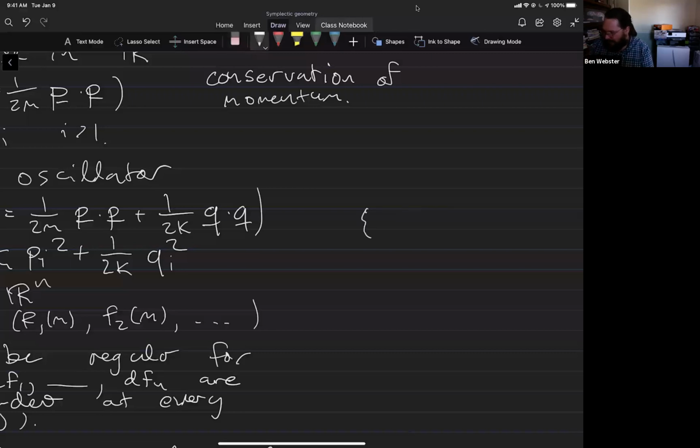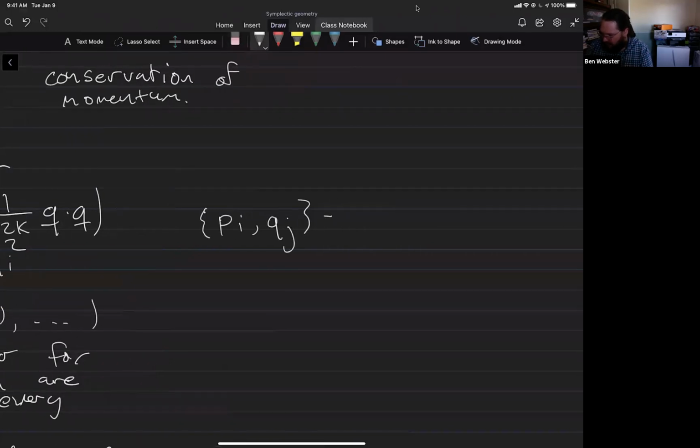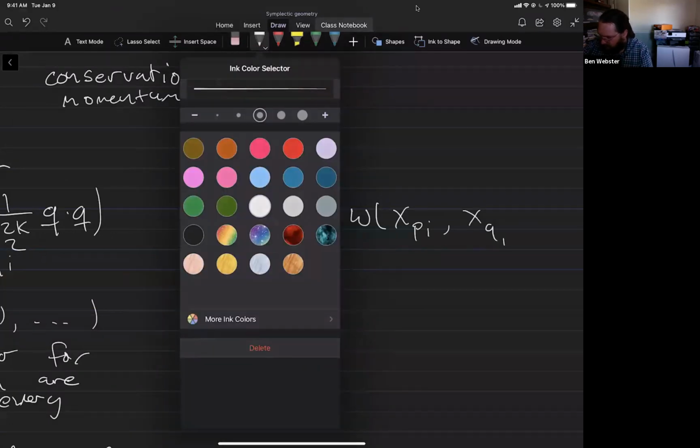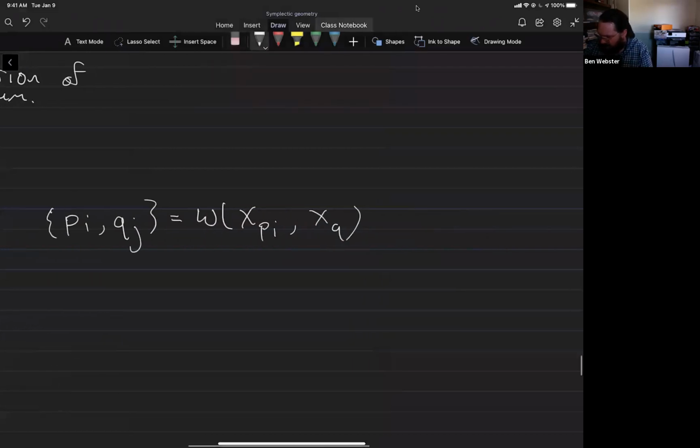So one of the key calculations here is that if I take the functions pi and qj, that is equal to omega applied to X of pi, X of qj. We'll see how I do in terms of the signs, but it's all right either way.